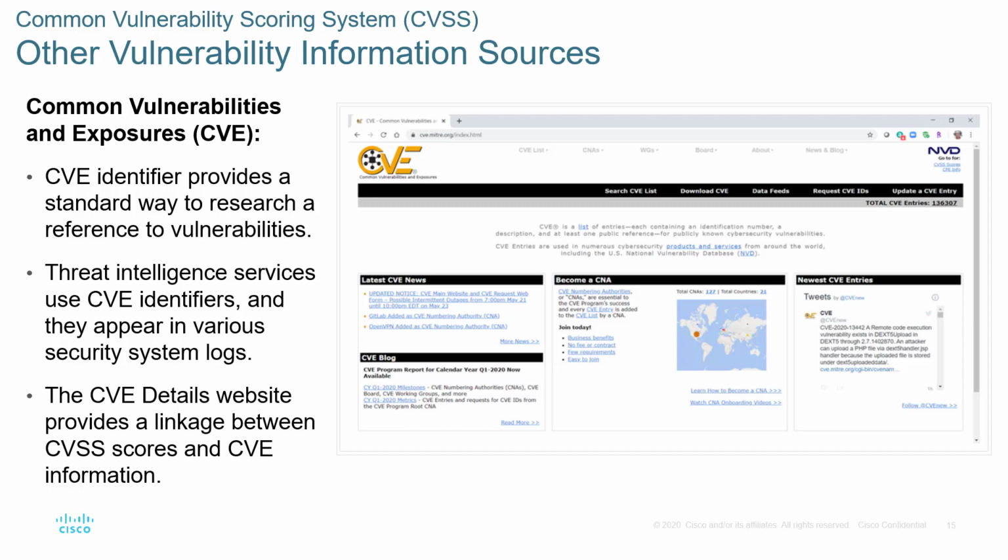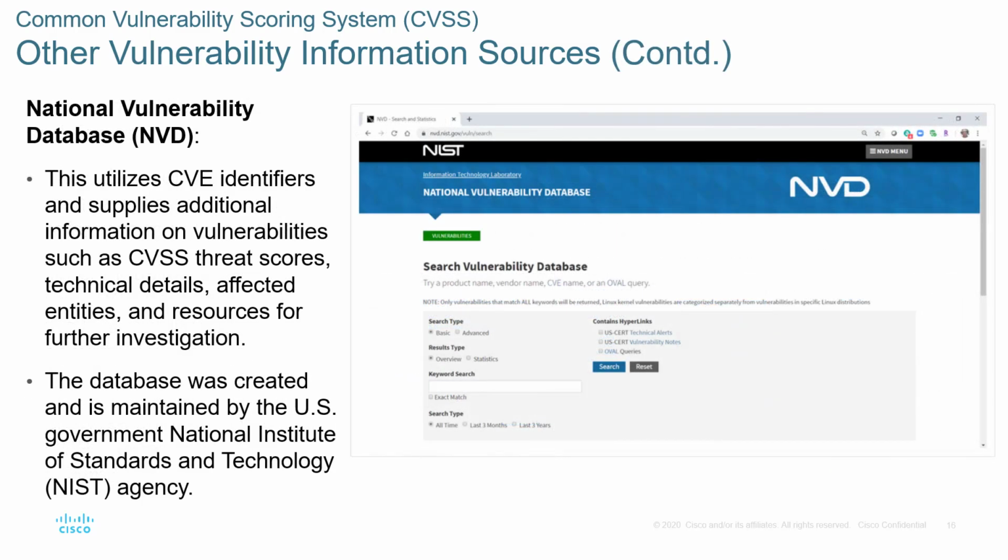So once you have a good understanding of the CVSS scorecards and the CVE information, we have an additional database for vulnerabilities, and that is the National Vulnerability Database, which is organized through NIST.gov.